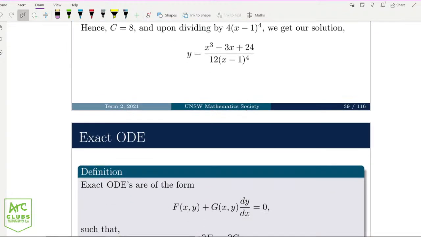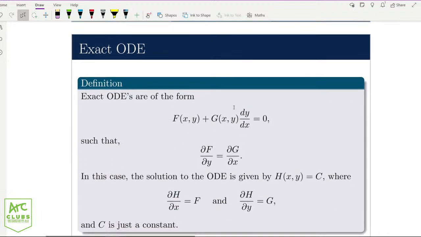All right, moving on to our next type of ODE, we have exact ODEs, which are in this particular form. As a quick revision, essentially this comes from the fact that with exact ODEs, there exists a particular function h, which in this case is also the solution, such that the partial derivative of h with respect to x is equal to f, and the partial derivative of h with respect to y is equal to g.